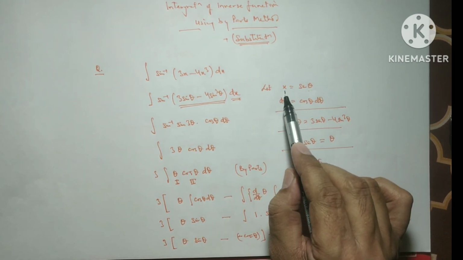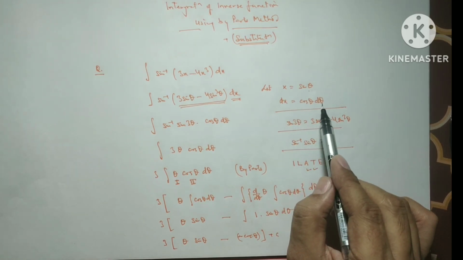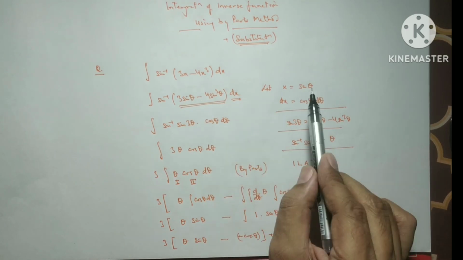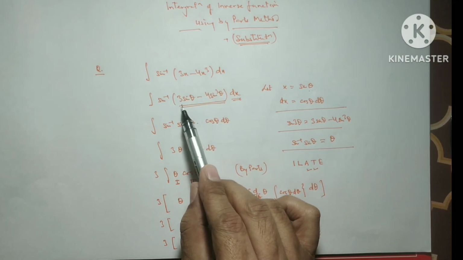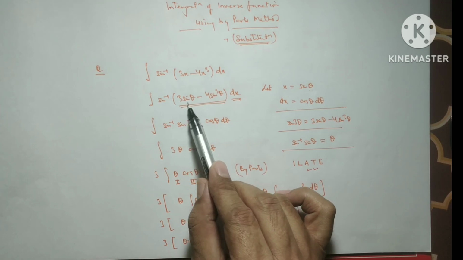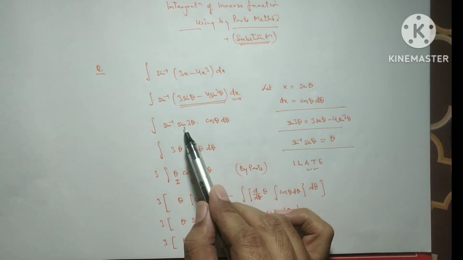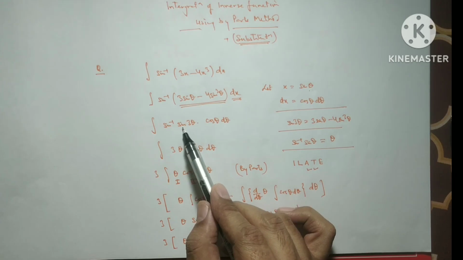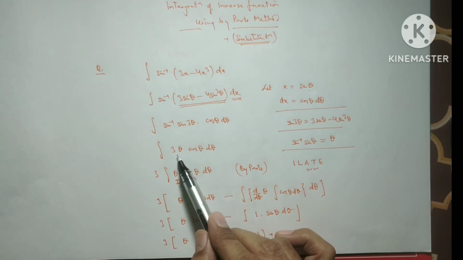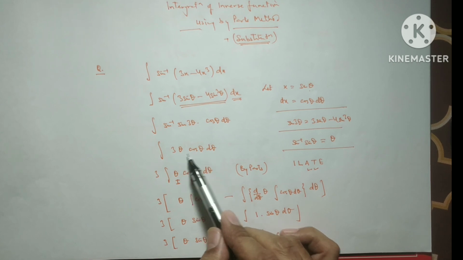So we substitute x as sine theta, and on differentiation dx equals cos theta d theta. So we put this value, and for making this inverse a standard function, this is the formula of sine 3 theta. According to this it will be neutralized, we get theta, and this is cos theta. So these are two functions in product.